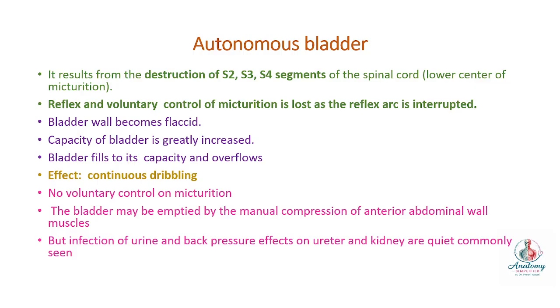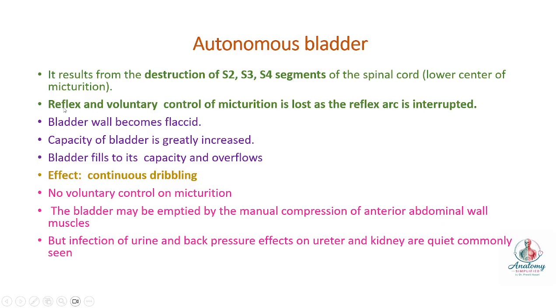Next is autonomous bladder. What is it? When will it happen? It results from destruction of spinal segments S2, S3, S4 of the spinal cord. The lower centers of micturition are destroyed. That means there is no afferent, no efferent, no reflex arc.